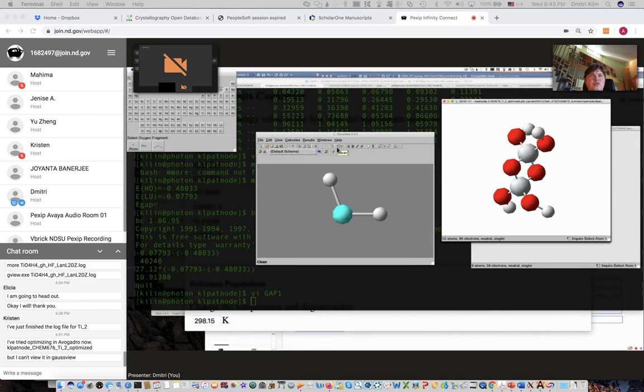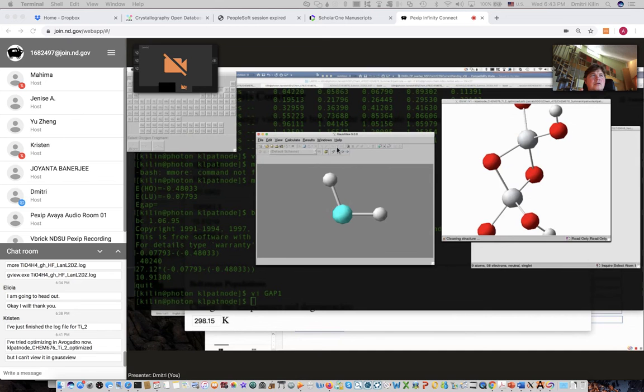Click broomstick. No, no, broomstick is not working, so I wouldn't recommend it, and I immediately close the file so it doesn't make the situation worse.